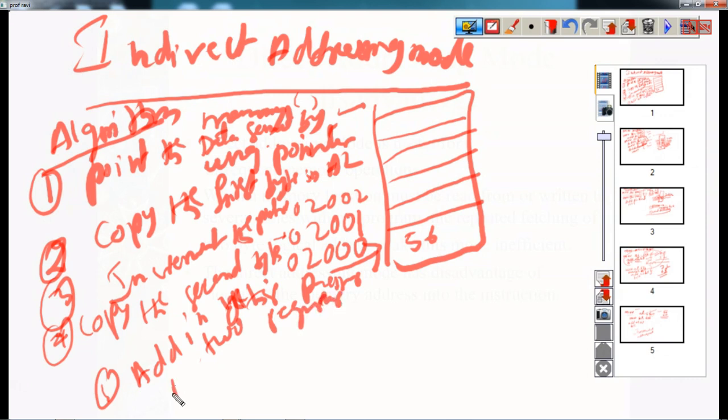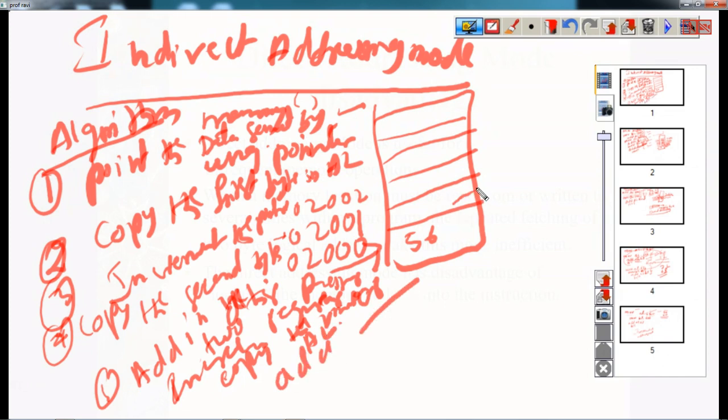Again increment the pointer, copy the next byte into AL, then add, and like this you go. So what is the advantage? No need of specifying the memory addresses in the programs.